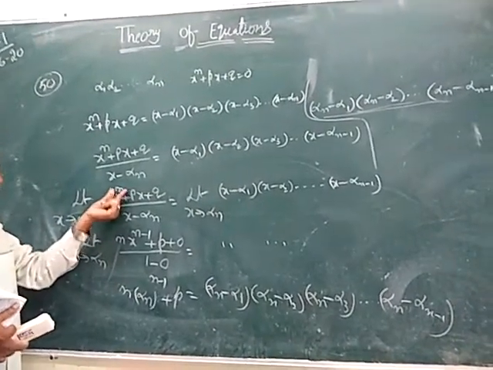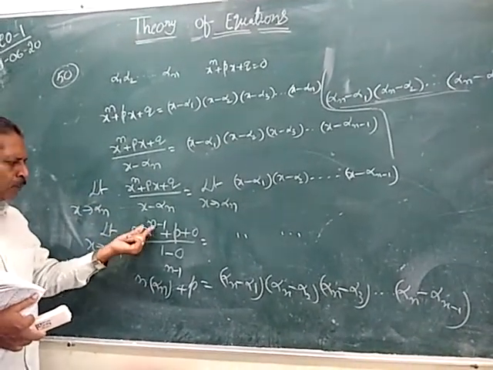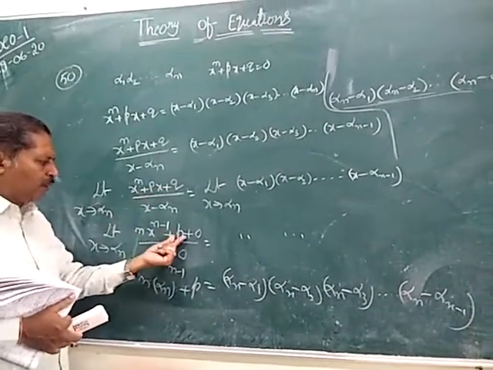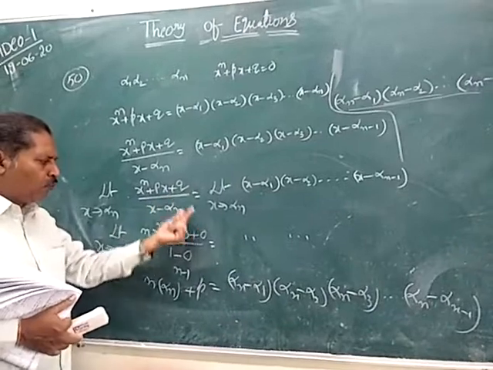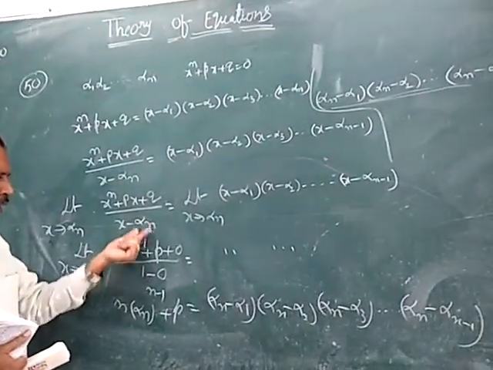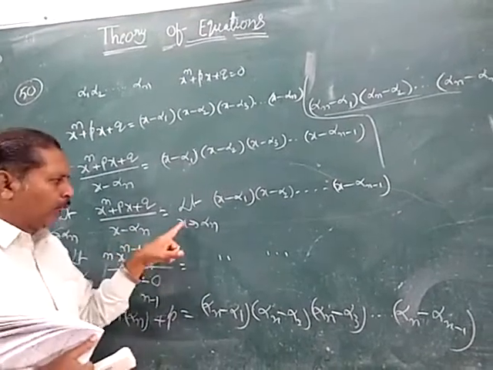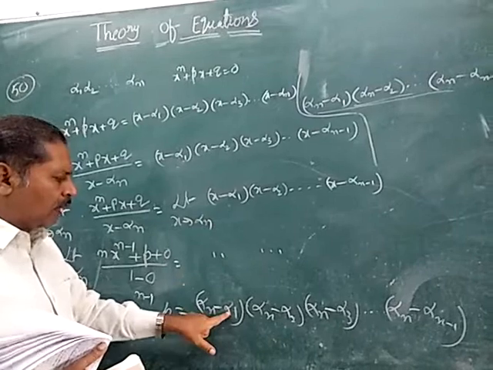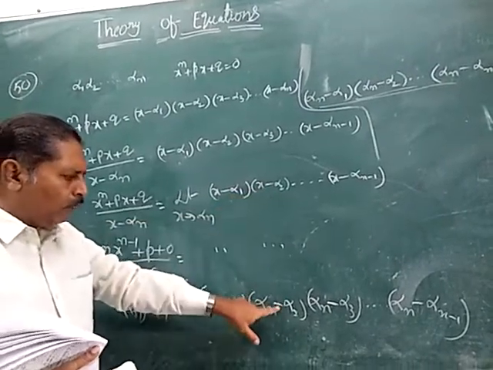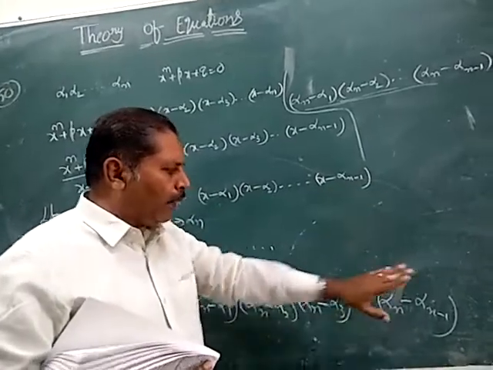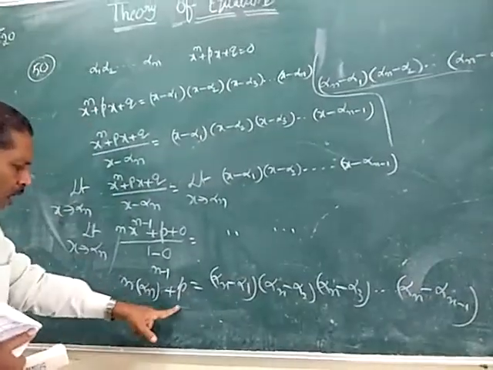Derivative of x^n is n x^(n minus 1), derivative of px is p, derivative of constant is 0, derivative of x is 1, 0. Substitute x value: (alpha n minus alpha 1)(alpha n minus alpha 2) up to (alpha n minus alpha n minus 1). So this is the answer.